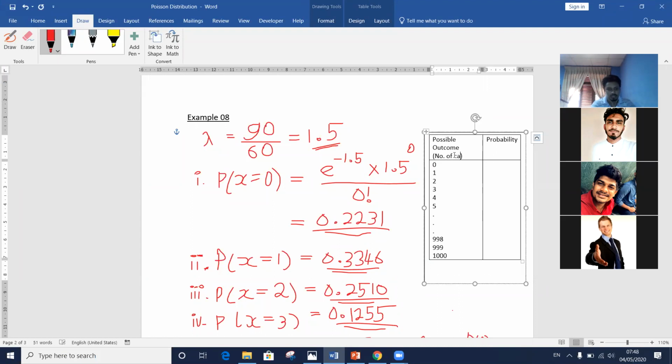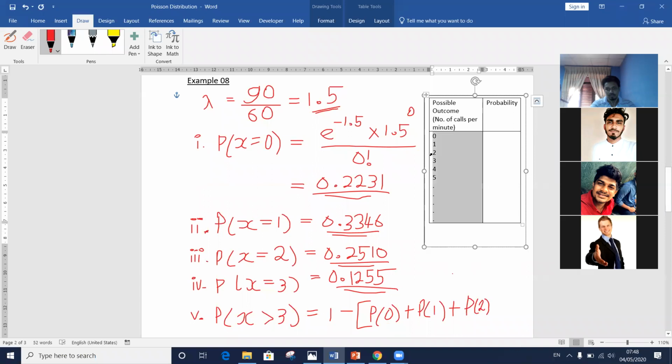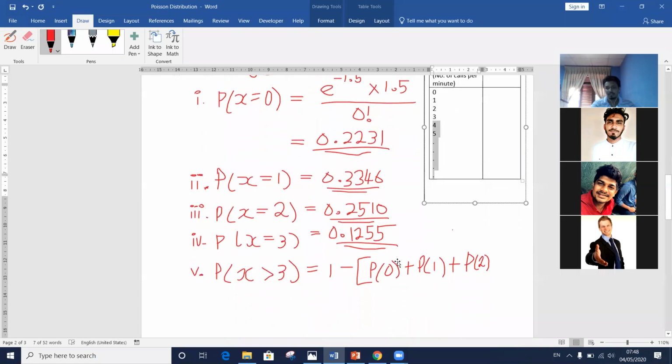Number of calls per minute is now the variable. Here we do not know the ending number either. This goes on and on. More than 3 calls means we need to find the sum of probabilities of these values.